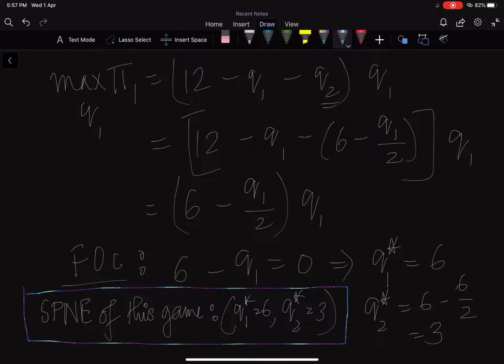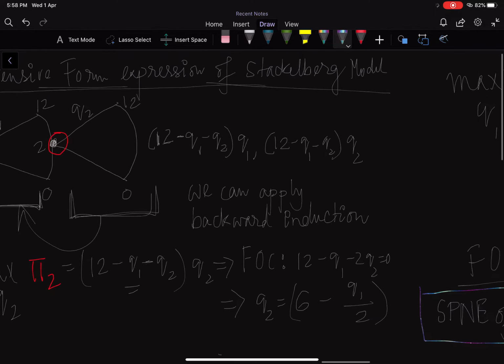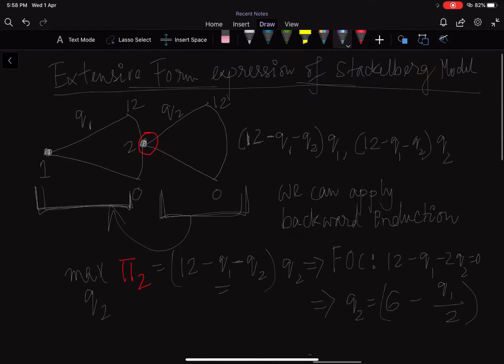So this is how you think about this kind of oligopolistic markets in a game theoretic setting, especially in the case of Stackelberg.